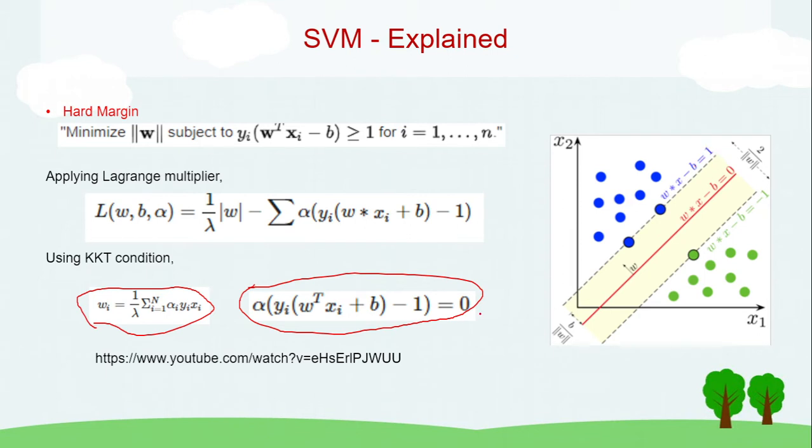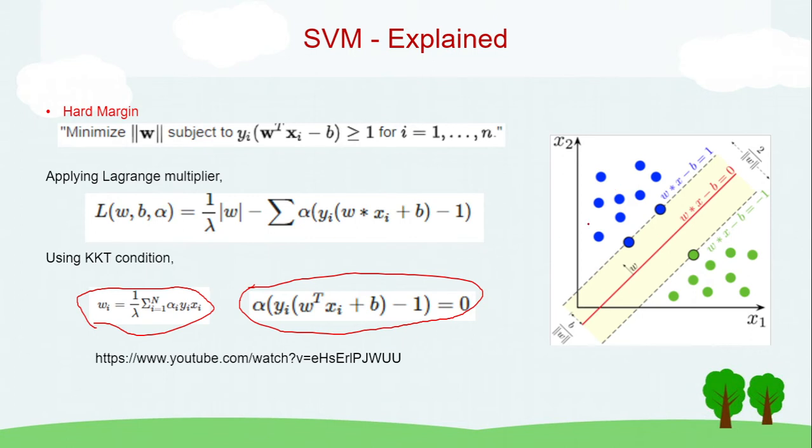So similarly, in the other case, alpha is non-zero because this is already 0. So alpha has to be non-zero for these points. And for all other points, alpha will be 0 because they are non-zero, right?